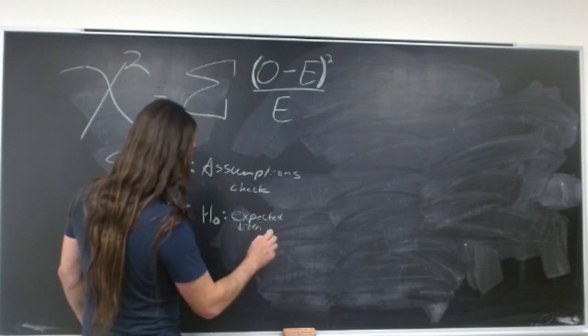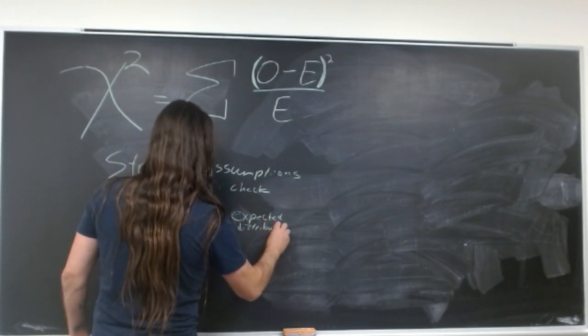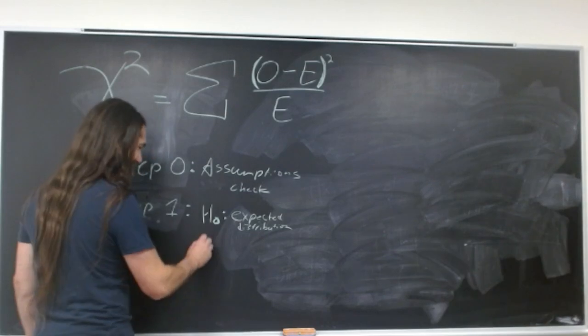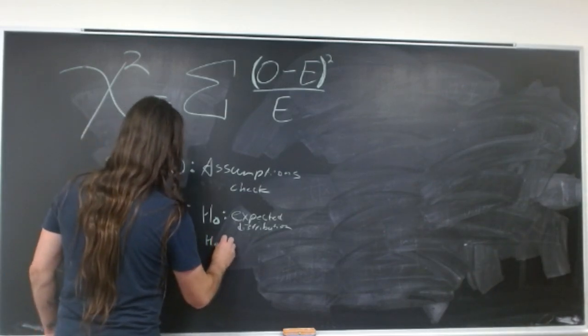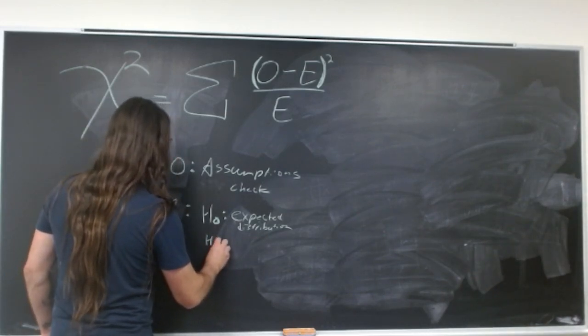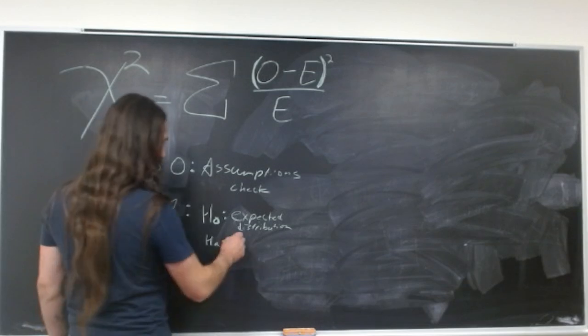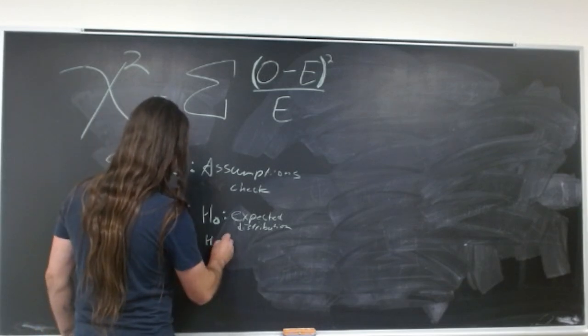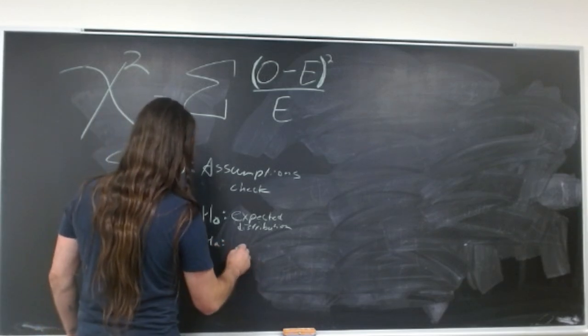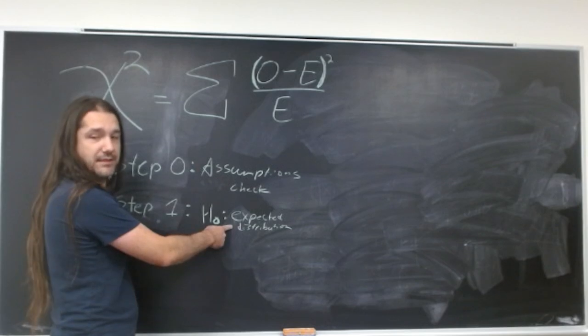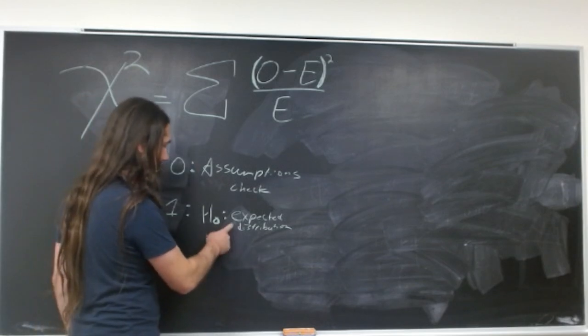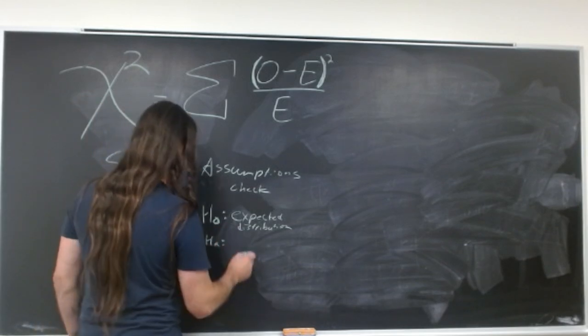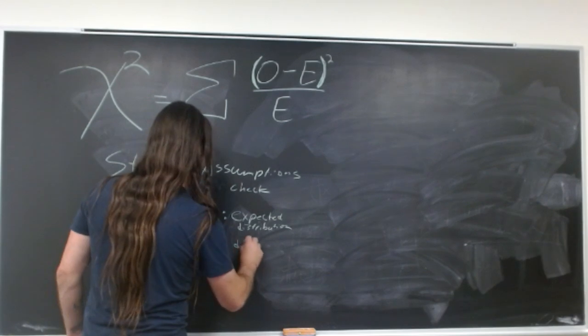And our HA is unexpected distribution, the logical opposite of this, so different distribution.